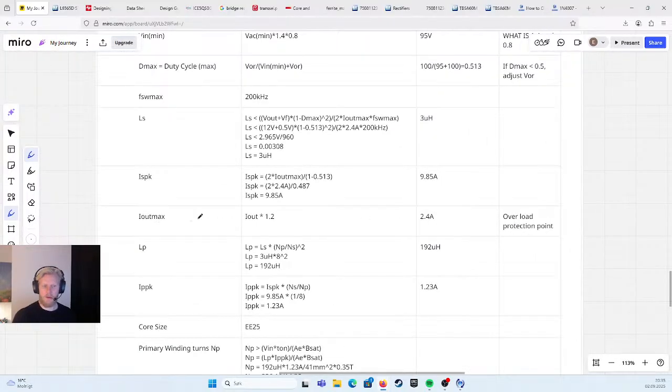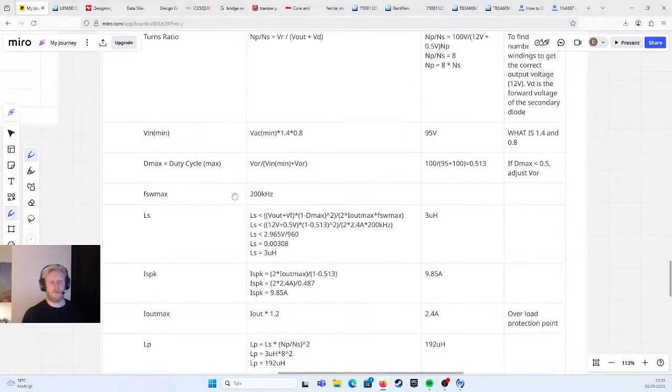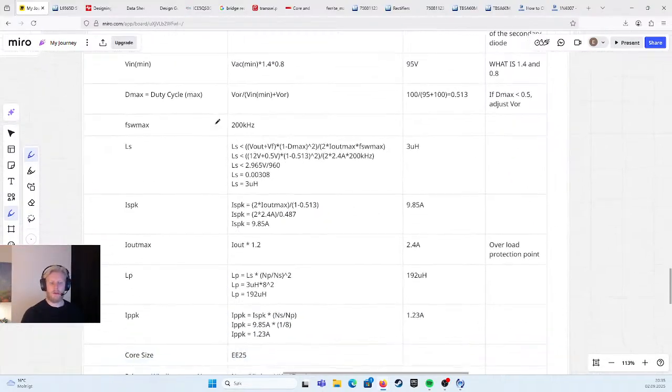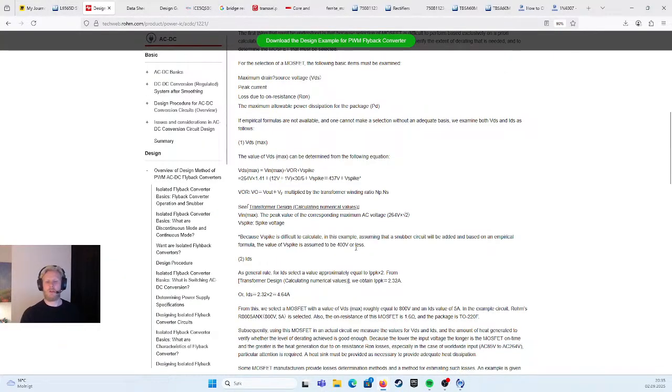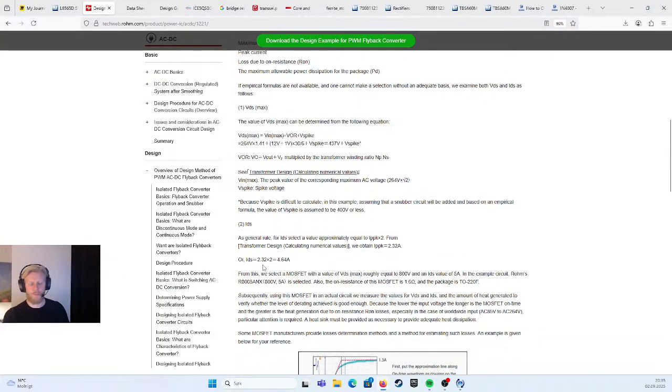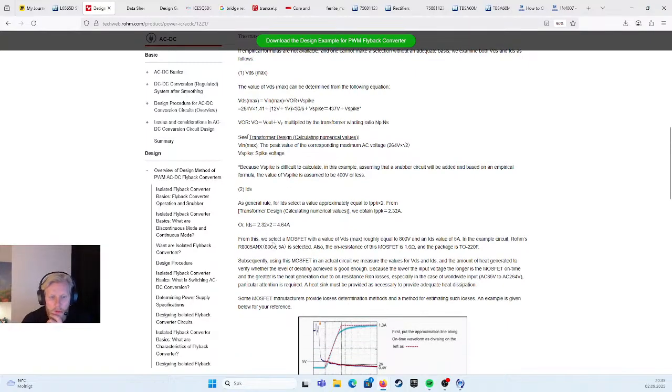No, that was the I out max. Primary peak current was 1.23, so it should be twice that, 2.6 something. For this, we select the MOSFET with the value of VDS max roughly equal to 800 volts, IDS value of 5 amps.